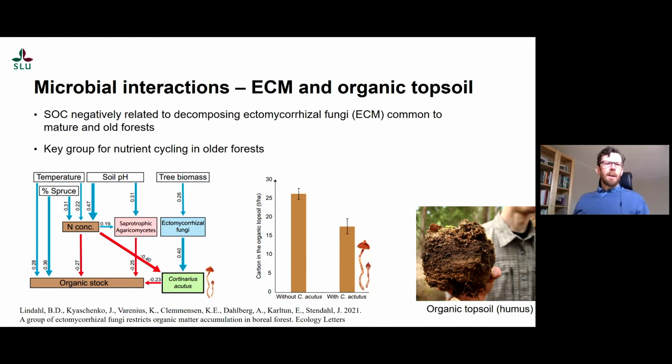These fungi are also typical for mature and older forests, and are a key part of the nutrient cycling in those forests. But that would indicate that they would give a smaller storage of carbon in these humus layers as forests grow older. So these are feedback processes that are not really part of the models today.